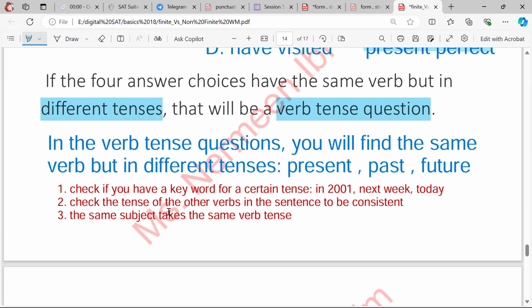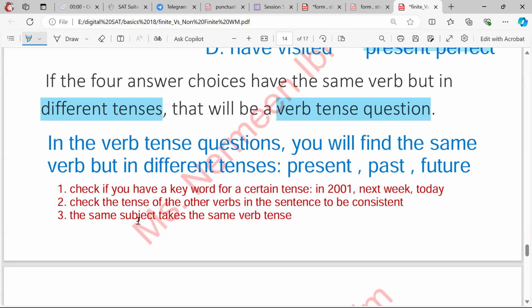I have to check the other tenses of the main verbs in the sentence. Also, the same subject takes the same tense. If you have a certain subject repeated in the sentence, the same subject will take the same tense of the verbs. For example, when I say she plays tennis and she acts in plays, plays and acts, the same subject, she, takes the same tense.